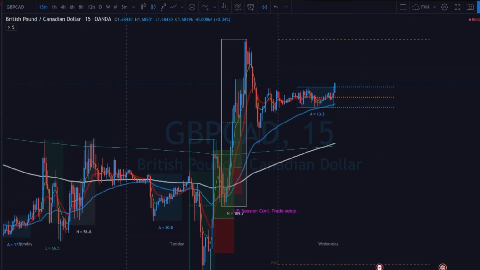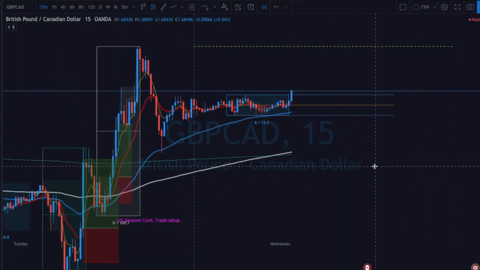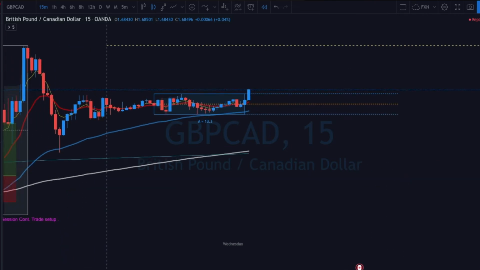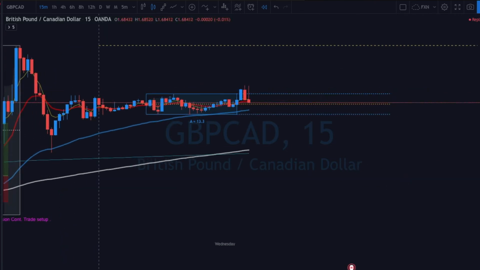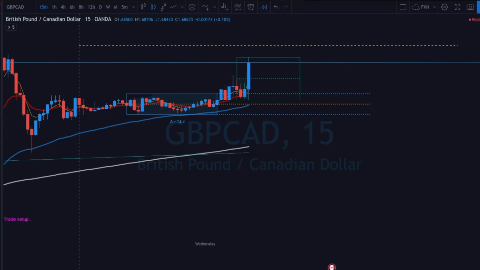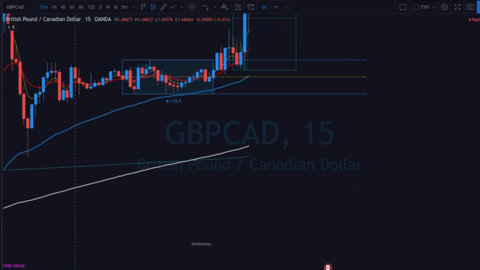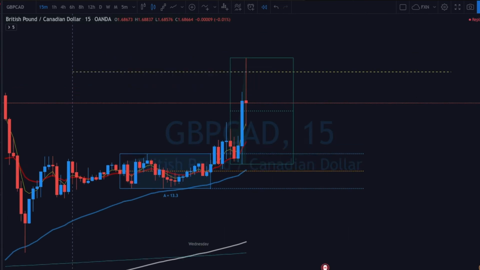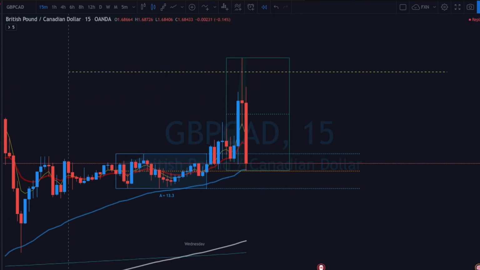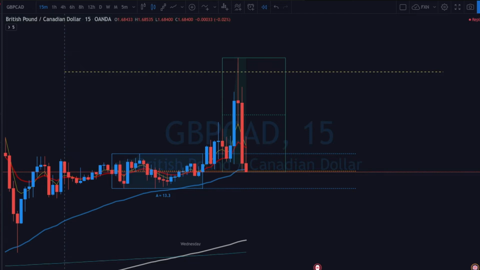So now let's go in here and play this out. 13 pip range, and we're now moving above that range. Wow, look at that. Let me guess, it gets stuck here.